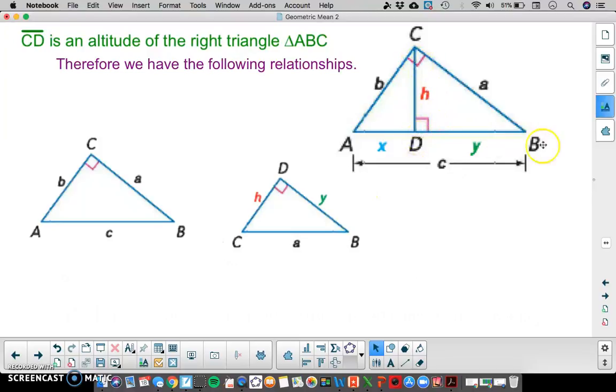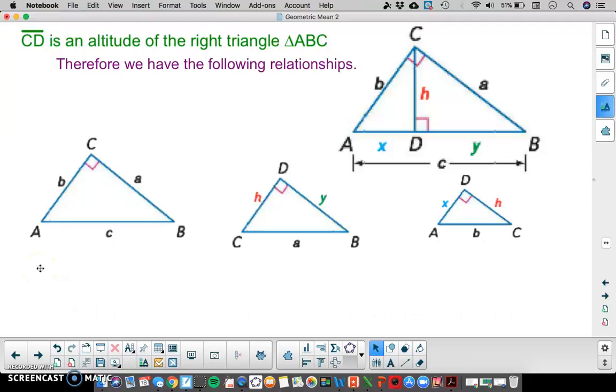And then H and Y are the legs of that smaller right triangle. Then we have an even smaller right triangle, ACD, where X and H are the legs and B is the hypotenuse. But B is the same as B for the larger triangle. Notice that length AC is going to be the same segment AC for the larger triangle.